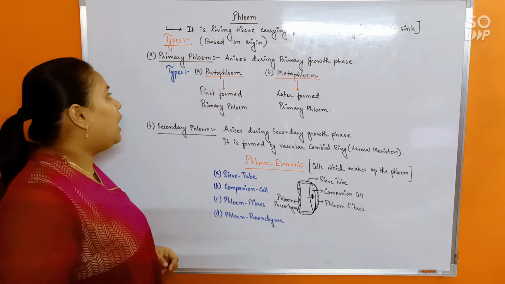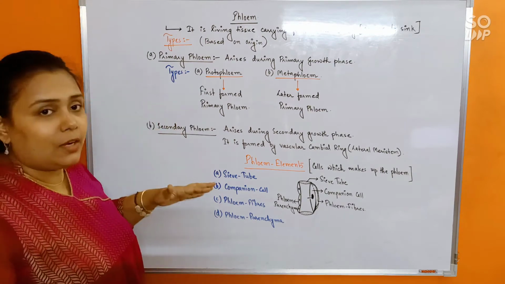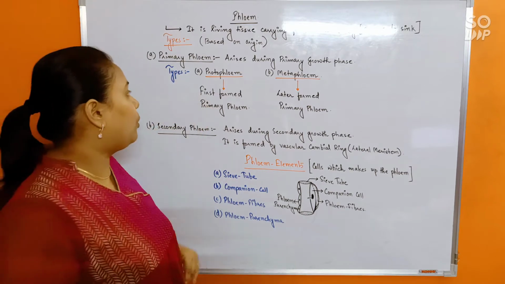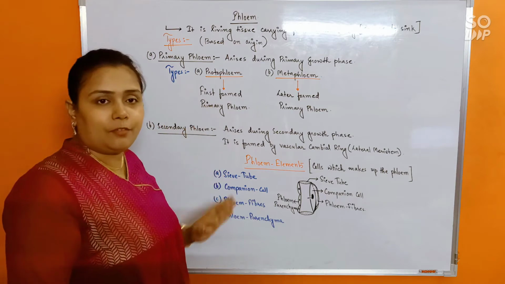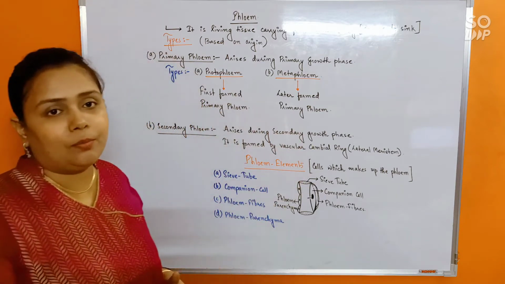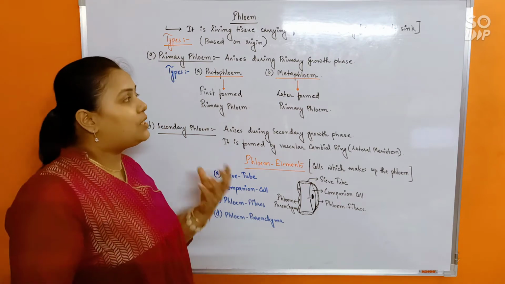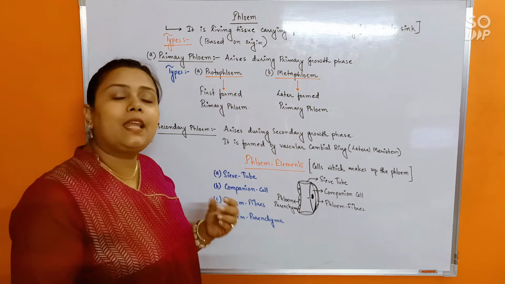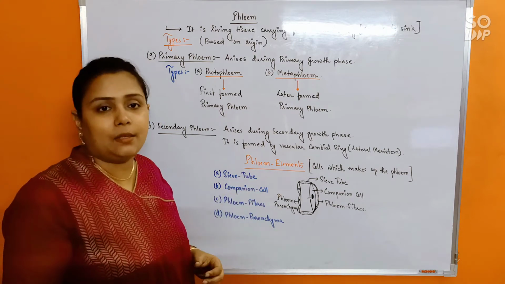And as usual, secondary phloem will be arising when the plant has matured or in the secondary growth phase, right? Now, just like xylem, primary phloem can also be of two types, protophloem and metaphloem. Protophloem means first formed primary phloem, whereas metaphloem means later formed primary phloem. So the meaning is again exactly the same. Just that in case of xylem, you have seen endarch and exarch arrangement of proto and meta xylem, isn't it?